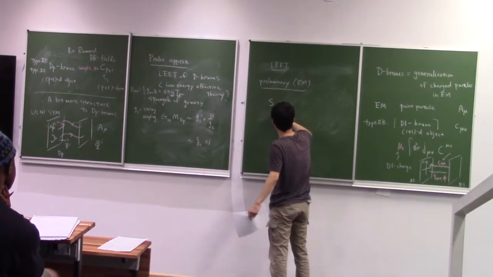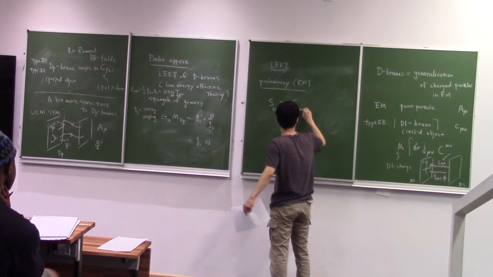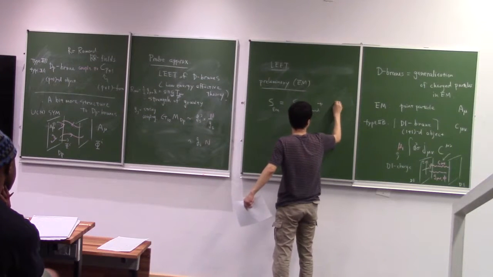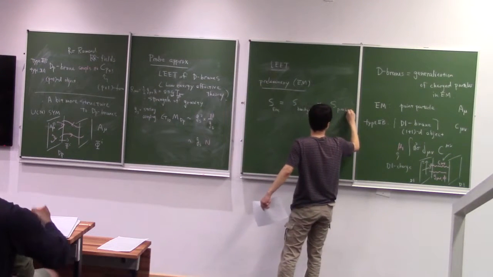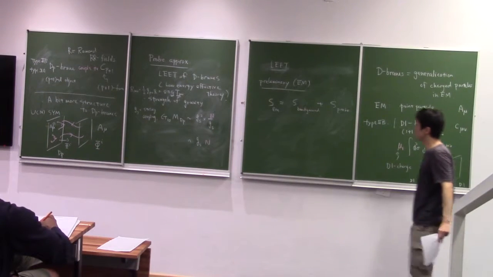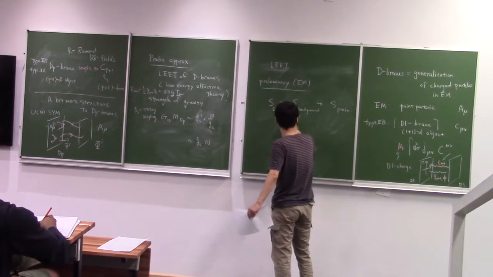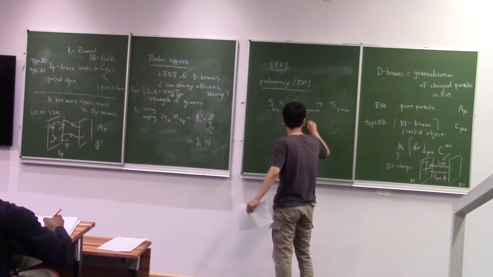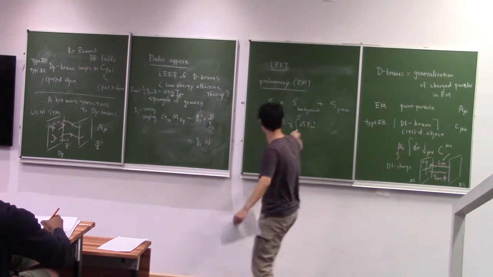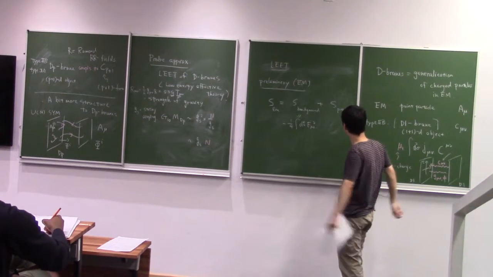The action of electromagnetism has a background part plus a probe action. This is the action for the Maxwell theory, and that's the background field.